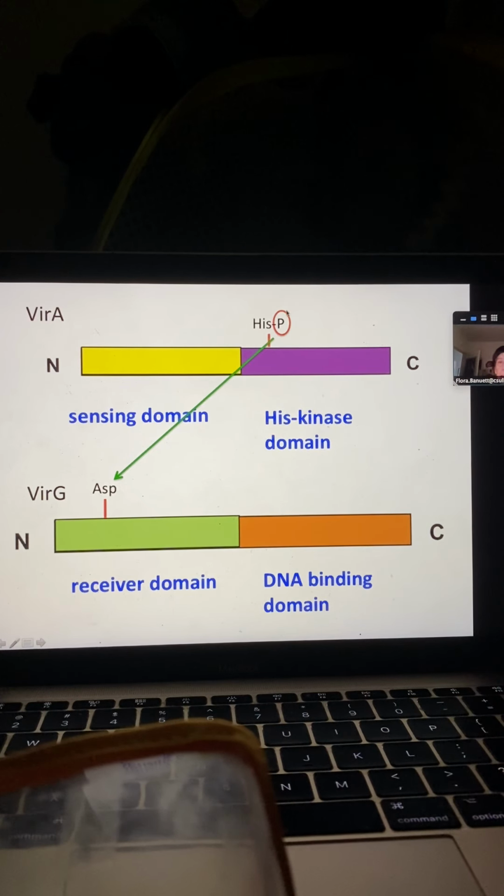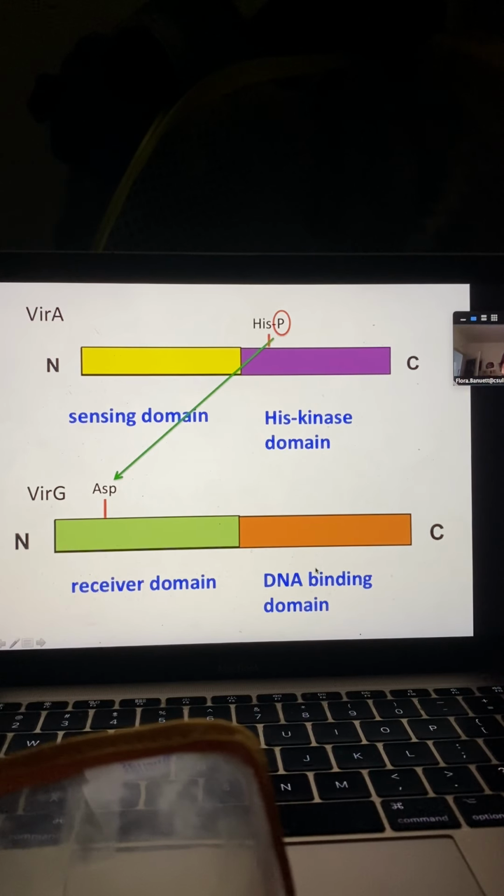Once this happens, this phosphate is directly transferred to this Asp that resides on the receiver domain. Remember, there are many Asp residues, but it's only one particular one. And then this causes a conformational change, allowing the DNA binding domain to recognize the Vir boxes.